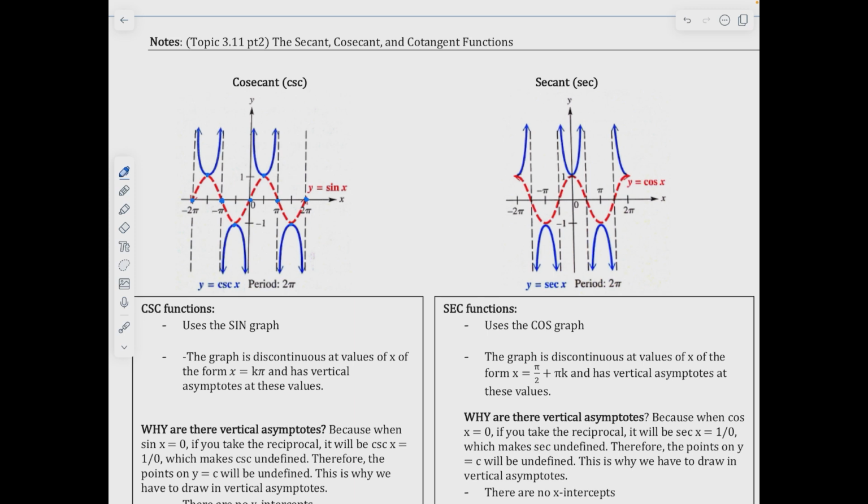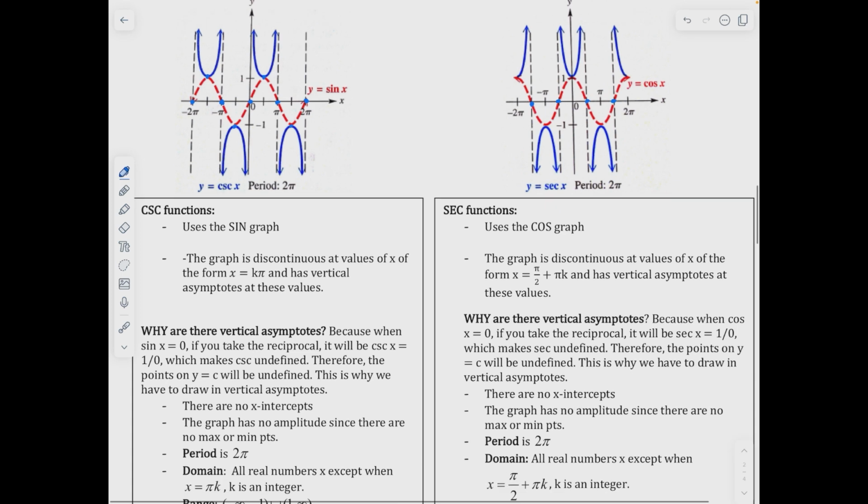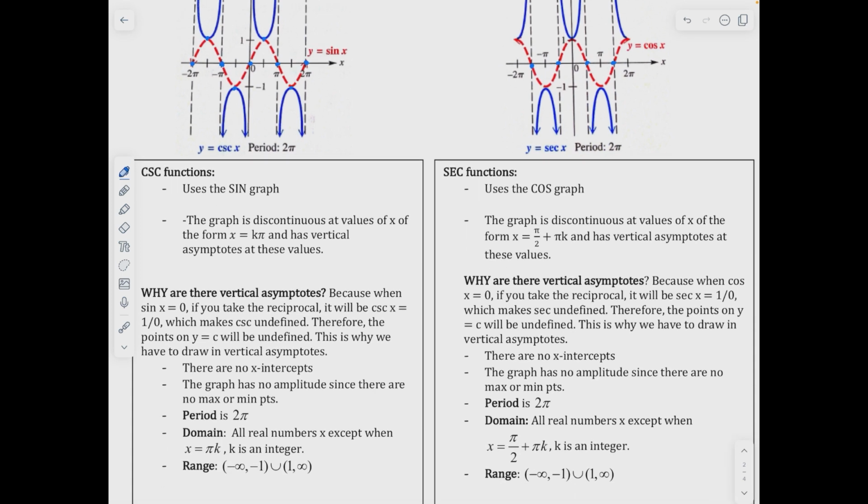From there, all the x-intercepts, all the zeros of cosine, become vertical asymptotes, because the reciprocal of 0 would become undefined. And then your max and min values give you the shapes for your U-shaped graphs to go up and down. The period length of secant and cosecant is also 2 pi.